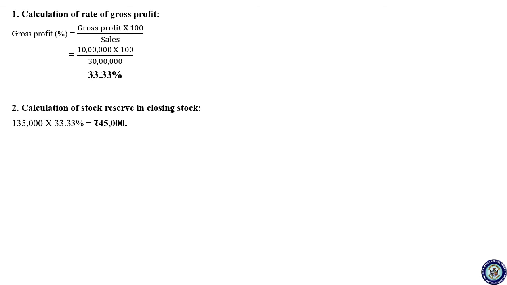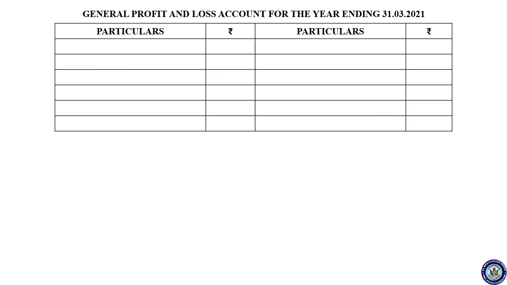Okay, next you draw the lines for general profit and loss account. General profit and loss account for the year ending 31st March 2021.